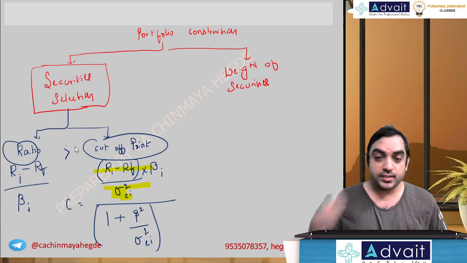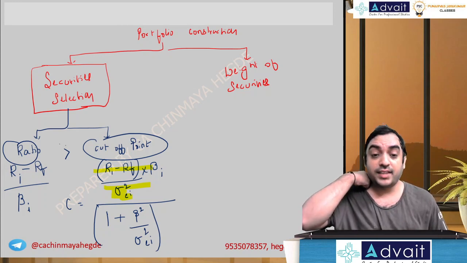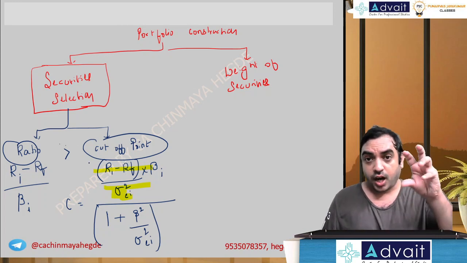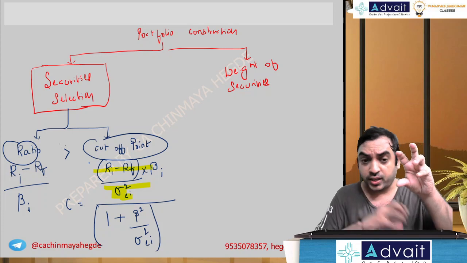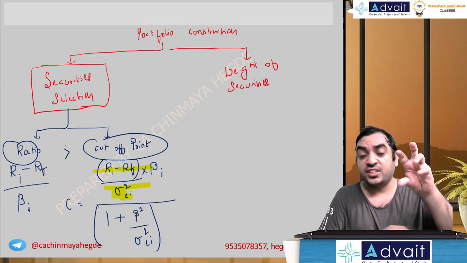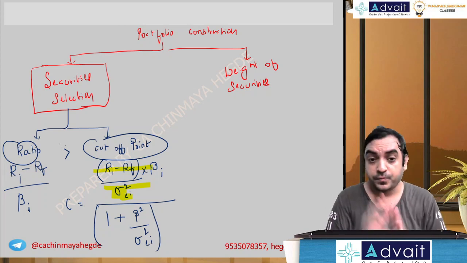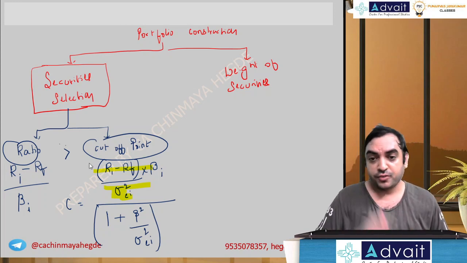Actually, it is not just this Ri minus Rf. Then we are going to calculate these things. What is numerator? What we got? Ri minus Rf into beta by sigma e square. Denominator: beta square by sigma e square i. This will be calculated on a cumulative basis for every security.